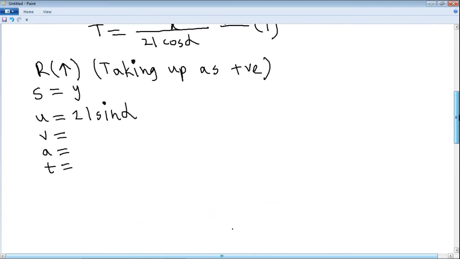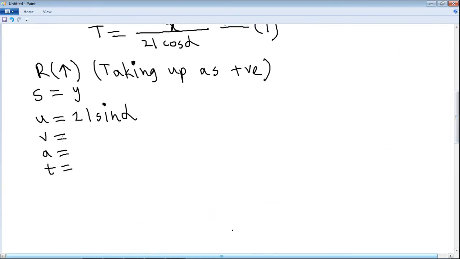Since we are resolving vertically, we don't know V, so we don't bother about V. Now we are going to find acceleration, which is minus 9.8, where T is the total time of flight, capital T. So we are going to select a suitable equation by using these values given here.